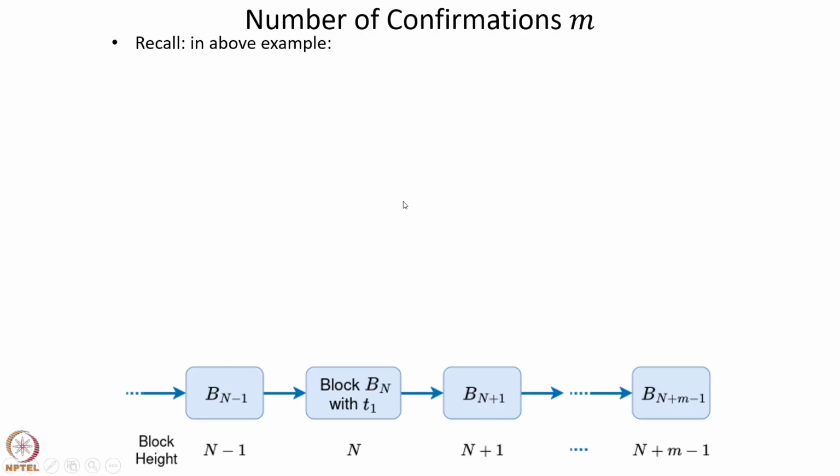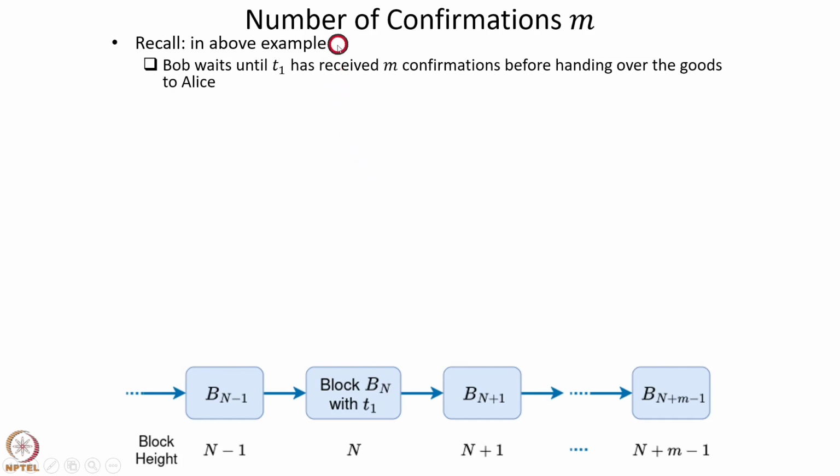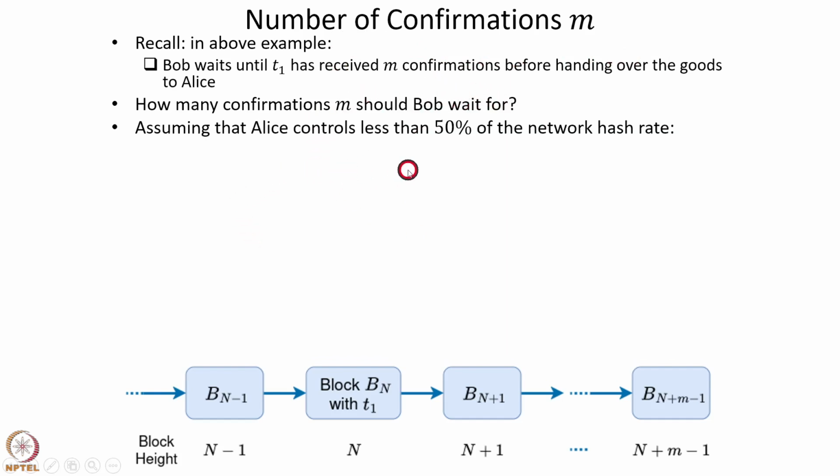Now we discuss how we should set the number of confirmations m. In the above example, Bob waits until T1 has received m confirmations before handing over the goods to Alice. How many confirmations m should Bob wait for? Assume that Alice controls less than 50% of the network hash rate. This will typically be the case because there are a large number of miners in the Bitcoin network, and an individual miner will have less than half the network hash rate.